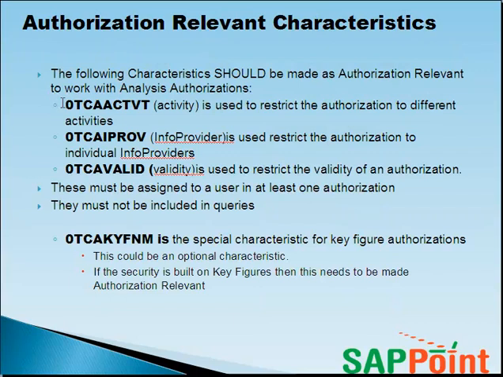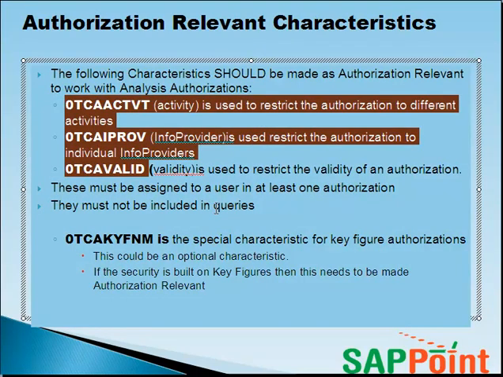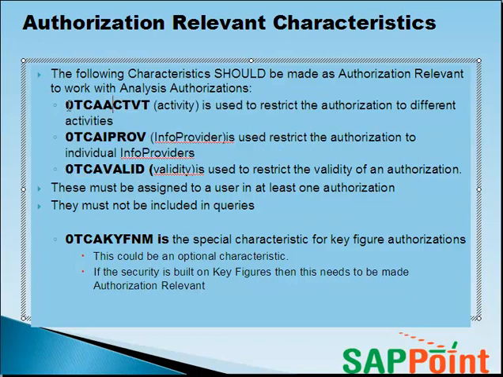So we also saw the prerequisites to work with analysis authorizations. One is we need to make these three characteristics: 0TCAACTVT for activity, 0TCAIPROV for InfoProviders, and 0TCAVALID for validity.